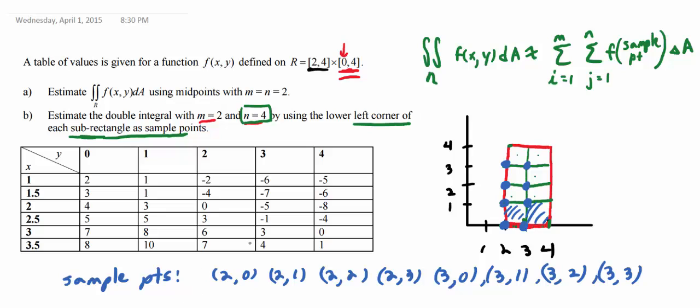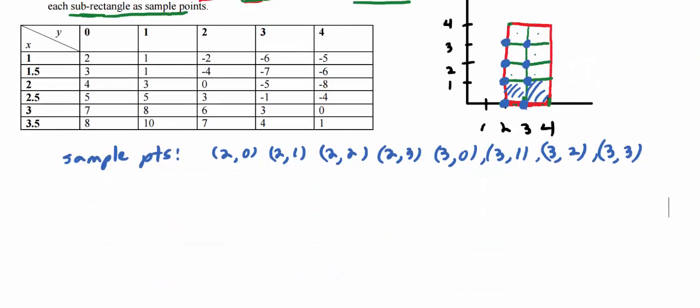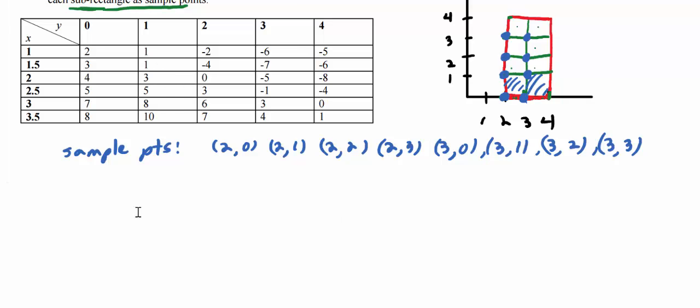So what are we going to do? Well, first we need to find delta A, so let's do that. Remember what delta A is. It's an area element of one of these subrectangles, delta x times delta y.